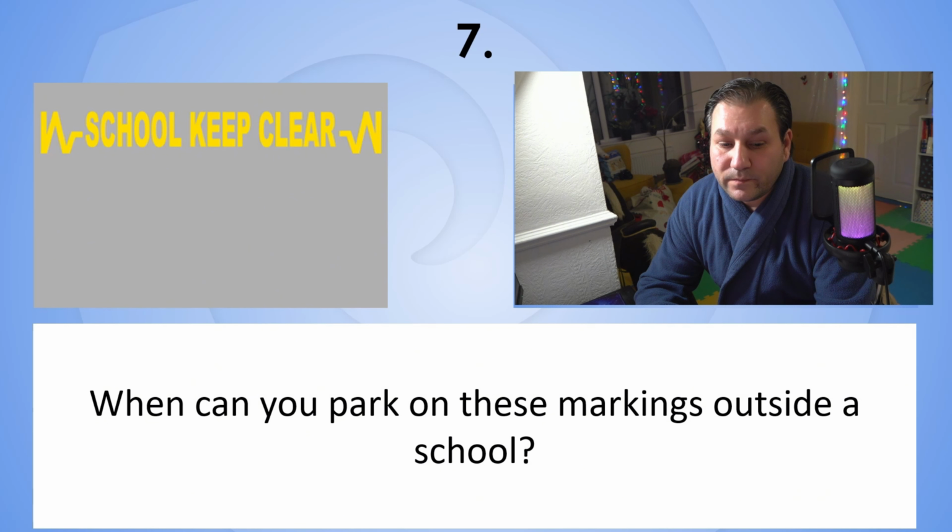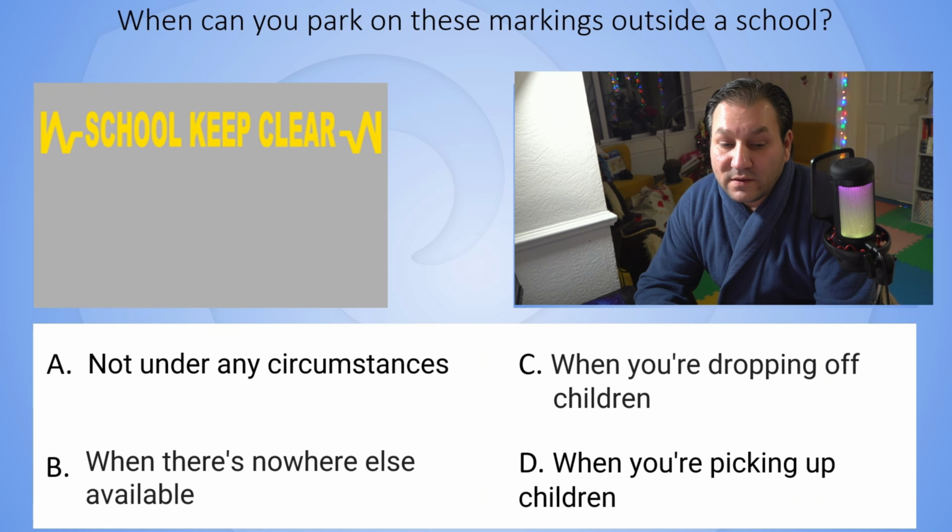7. When can you park on these markings outside the school? A. Not under any circumstances. B. When there is nowhere else available. C. When you are dropping off children. Or D. When you are picking up children.